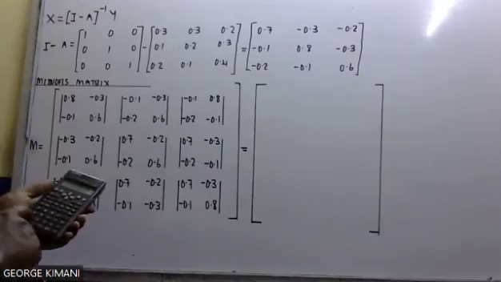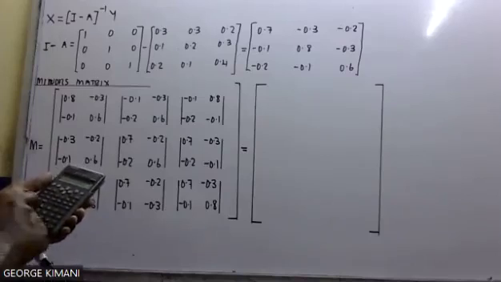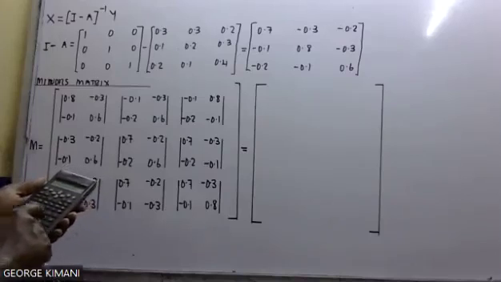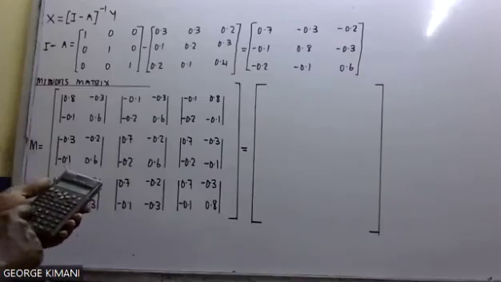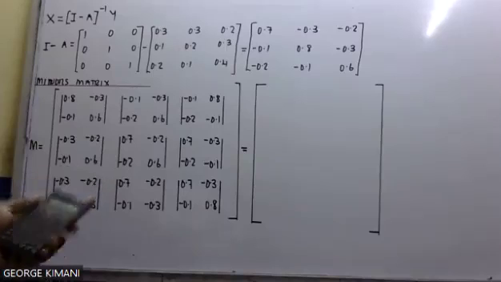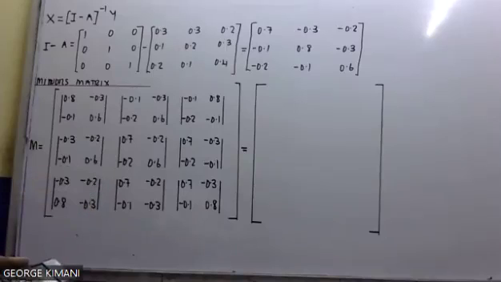Let me repeat also. 0.8 times 0.6 minus 0.3 times minus 0.1 equals 0.45 again. Okay.